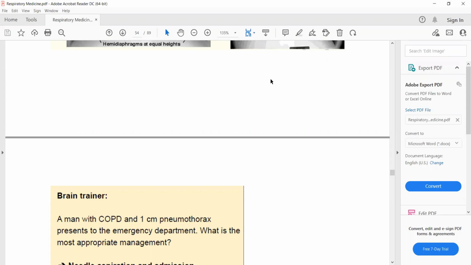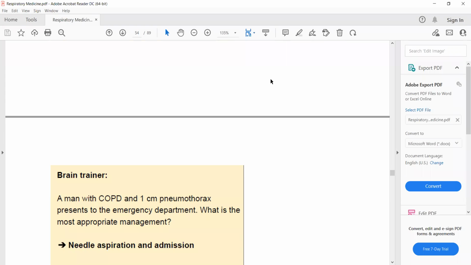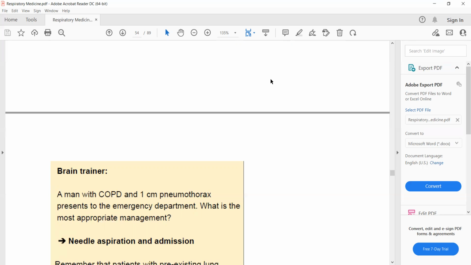Needle aspiration and admission. That's right. So secondary spontaneous pneumothorax, less than 2 centimeters in size, needle aspiration and admission is the most appropriate management.